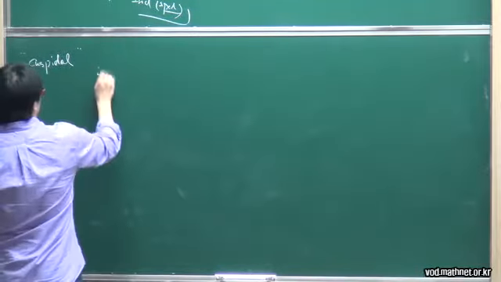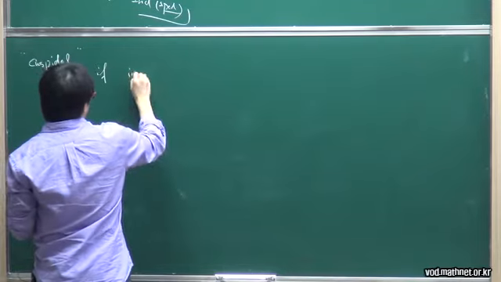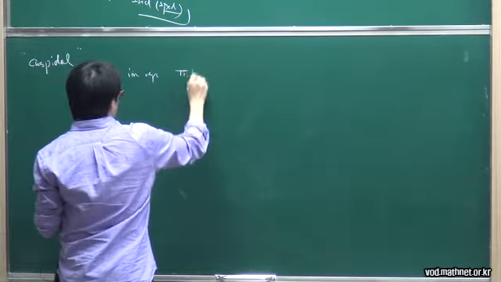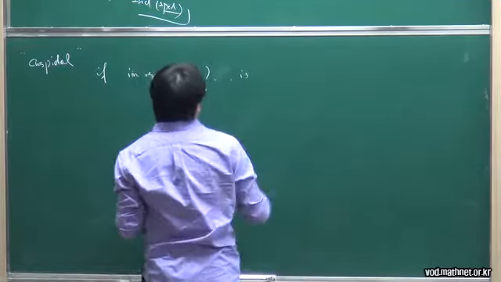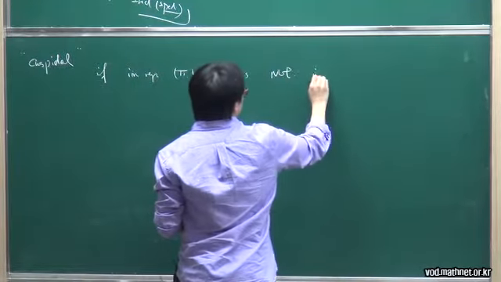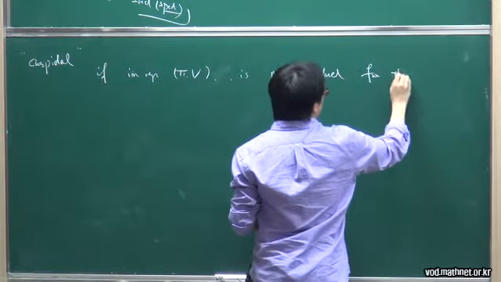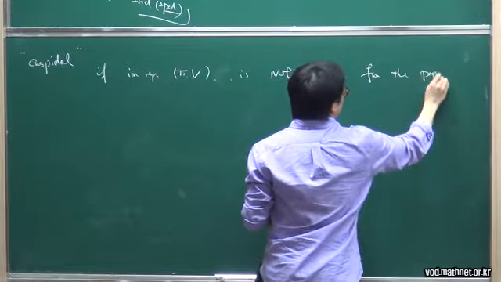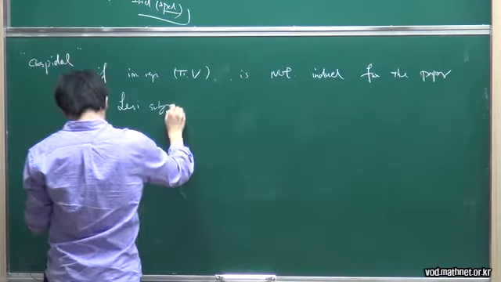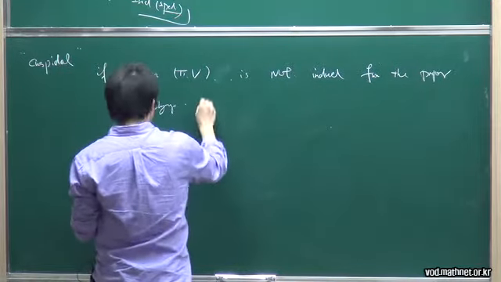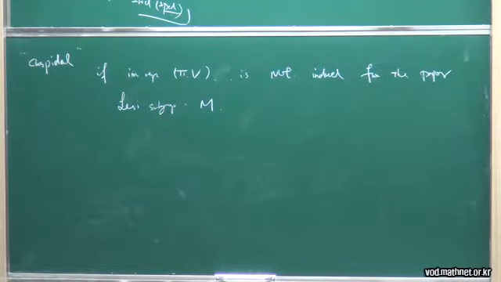If given an irreducible representation (pi, V) which is not induced from a proper Levi subgroup M, that is the definition of cuspidal.